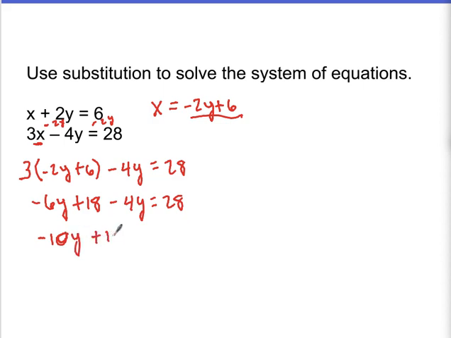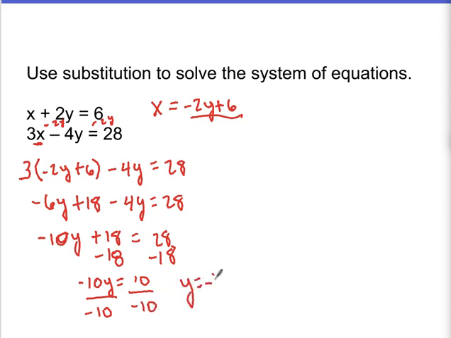Goodness, I'm having trouble writing. Equals 28. Subtract 18. -10y equals 10. So y equals -1.